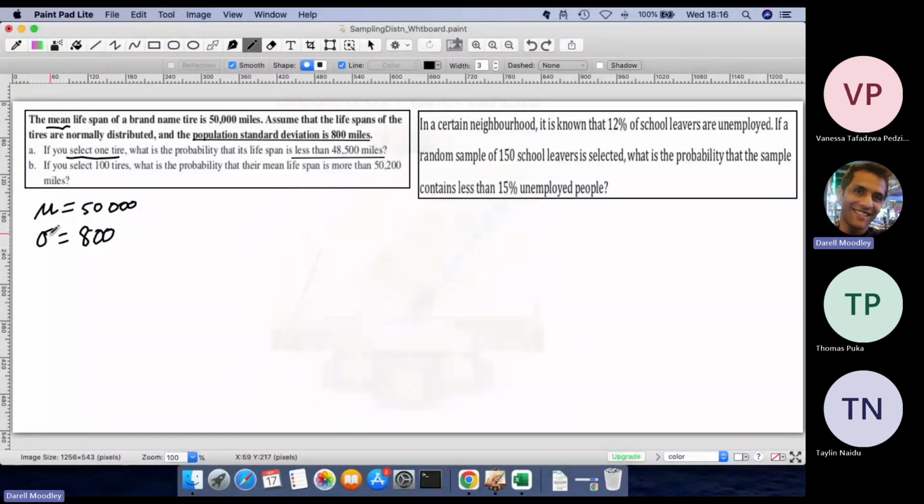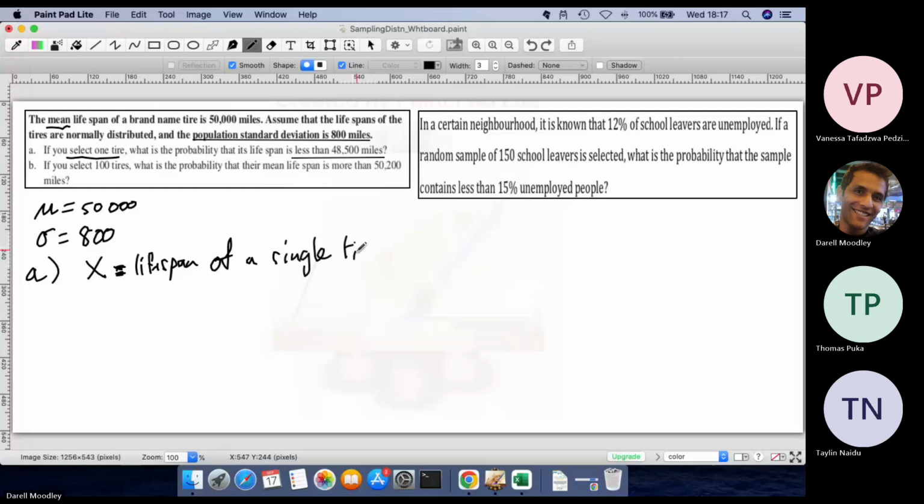So what they're asking for in question A is you take one tire, and you want to know the chance of that tire having a lifespan of less than 48,500 miles. So X is the lifespan of a single tire.